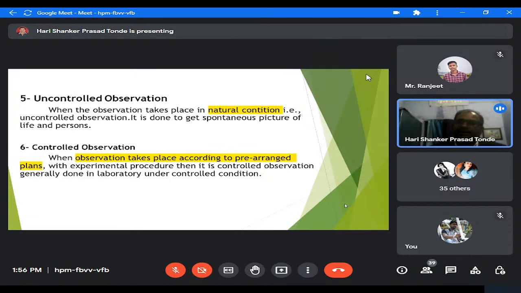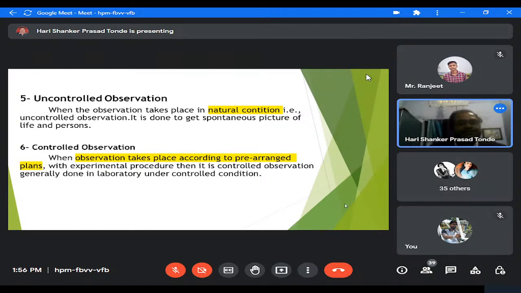It is done to get a spontaneous picture of life and person. Suppose we are going to test some nuclear weapons, and nuclear weapons are damaging so many lives and so much surroundings. So what do we have to do? It is uncontrolled observation, because we are not going to control the reaction. We are not going to control the outputs of the particular nuclear fission. So this is the uncontrolled observation.